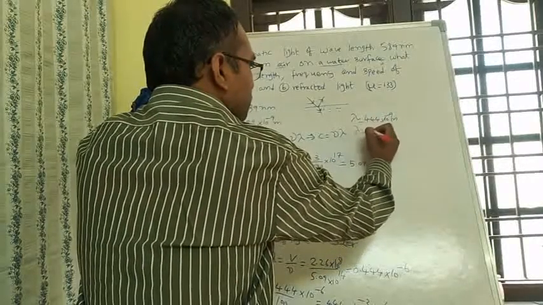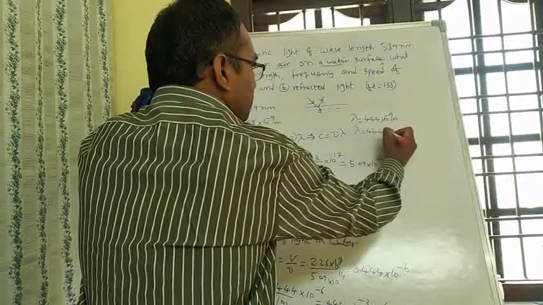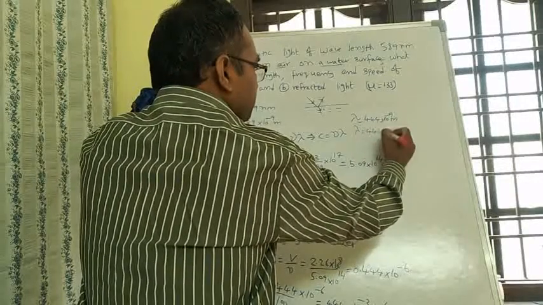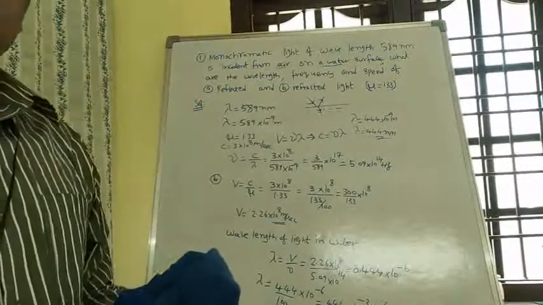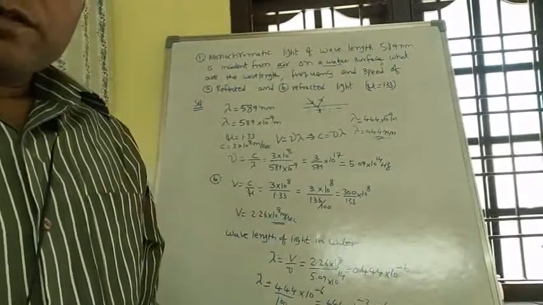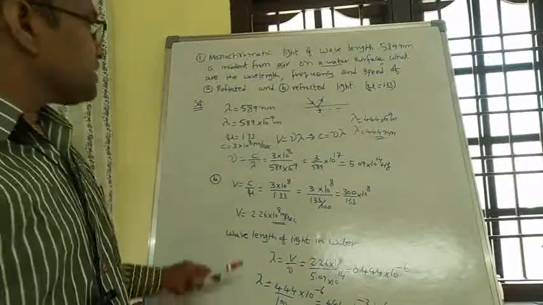So lambda is equal to 444 into 10 to the power of minus 9 meter, that is 444 nanometer. So from here we got the speed.